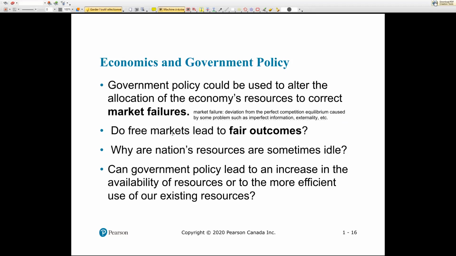Do free markets lead to fair outcomes? That's about efficiency. So market failures mean that I won't produce as much as I should. Now, it doesn't say anything about whether it's fair or not. So do free markets lead to fair outcomes? It depends what your definition of fairness is.